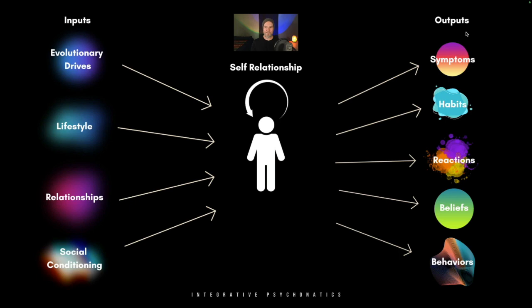And then with our outputs, these are often habituated, automatic, unconscious things that come out of us. And again, we do have control over them, but at first it doesn't feel like it. So the place where we can really consciously start to leverage and take control that has a lot of impact is our self-relationship.